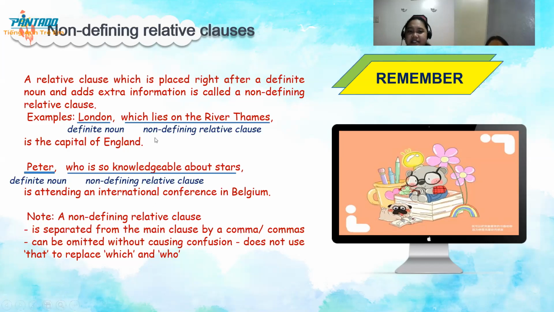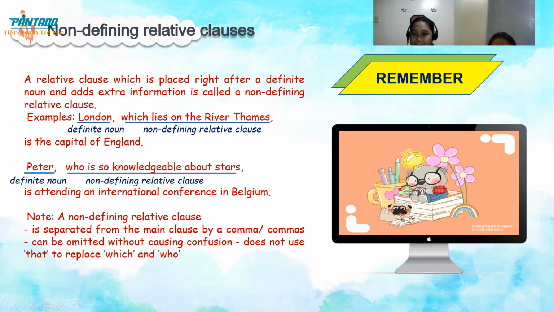And this is the non-defining relative clause: London, which lies on the River Thames, is the capital of England. So this is the additional or extra information. That is why it is called a non-defining relative clause. Usually, it is added after the definite noun.